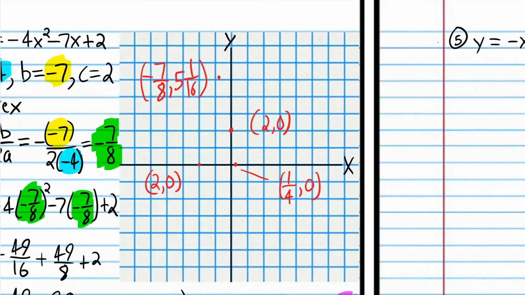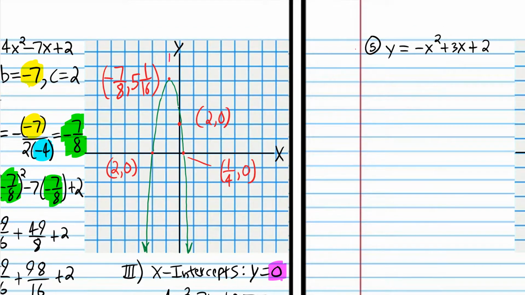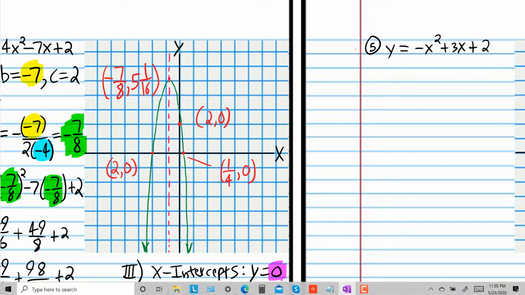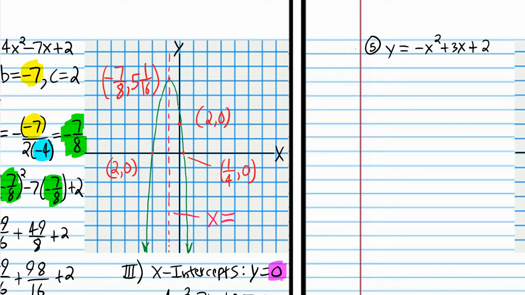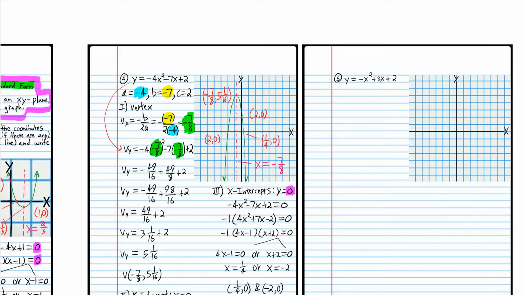And now we can just connect the dots. Again, if we plot more points, we get a more accurate graph, but the point of this is not to have perfect graphs. The point is just to get the concepts. And the equation of the line of symmetry is x equals negative 7/8. So if you got that graph, good job.